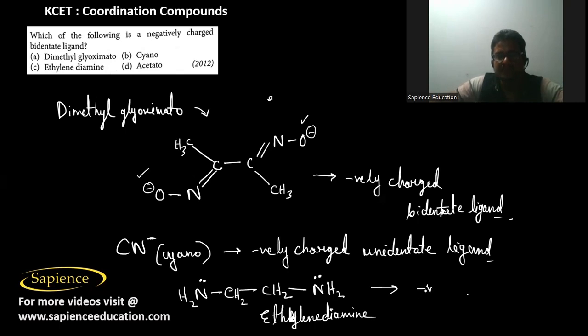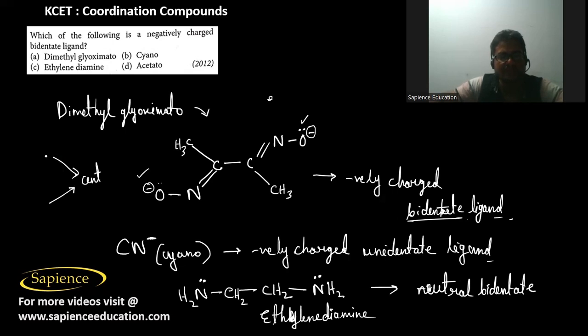It is neutral, it does not have any net charge, so it is a neutral bidentate ligand. Bidentate means that it can give two lone pairs from two sides to the central atom.